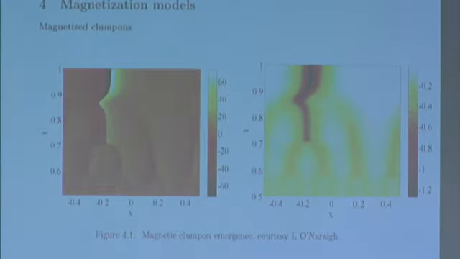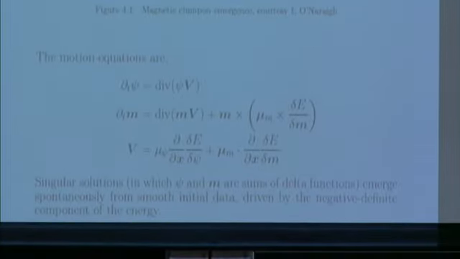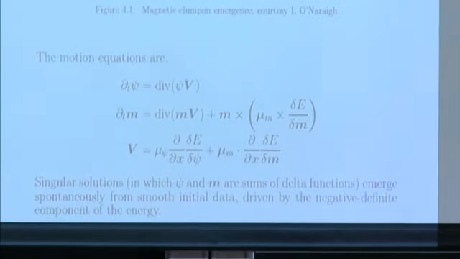These equations have one simplifying redeeming feature, and it has to be true if you want to have a particle interpretation of this: psi is carried by velocity v, and so is m. These are particles that are moving along. They have properties psi and m, and so psi and m have to move together at the same velocity.